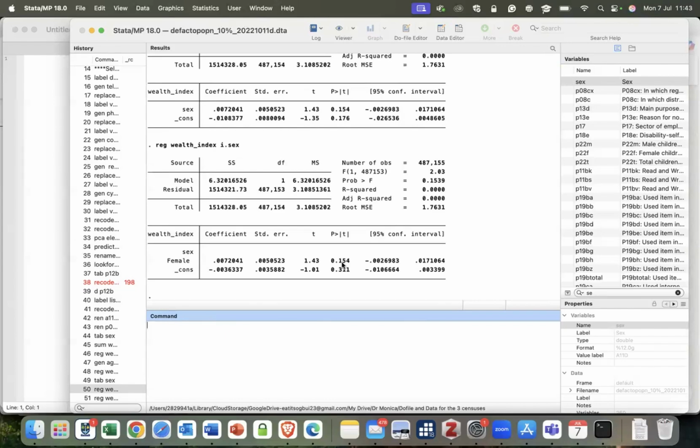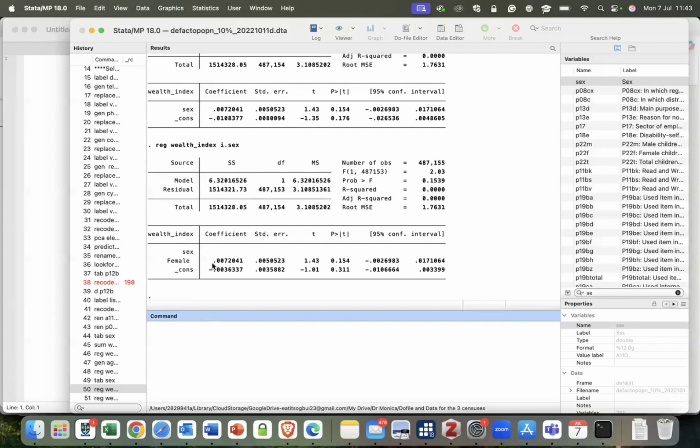But when you compare the coefficient here to male, you can clearly see that the coefficient of females is 0.07 units more than male, meaning the females have 0.07 units wealth more than males do. But then there's no significant difference between males and females.